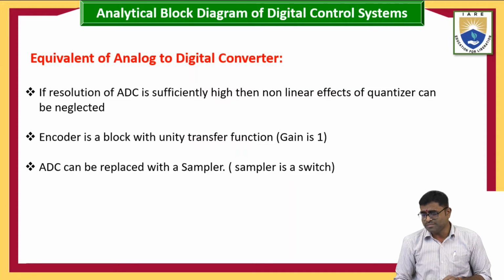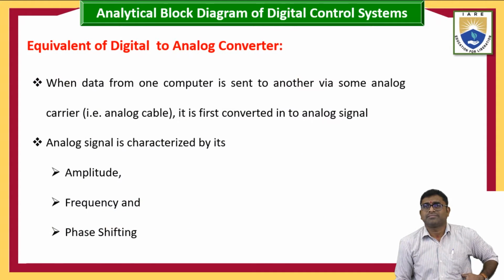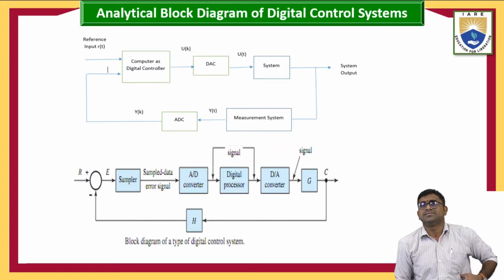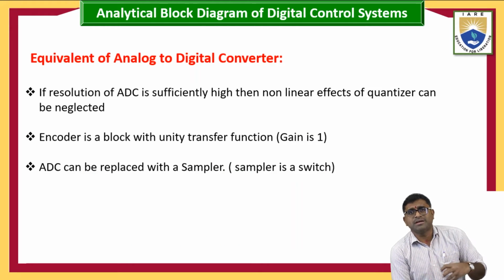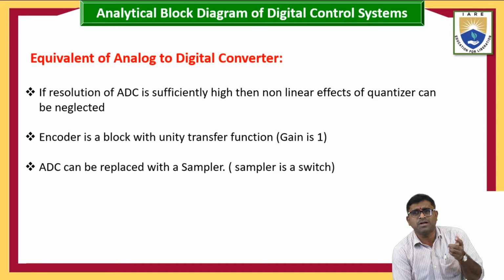The input and the analog feedback signal are added at the summing point. The summing point gives the error output, and that error is forwarded to the sampler or hold circuit.